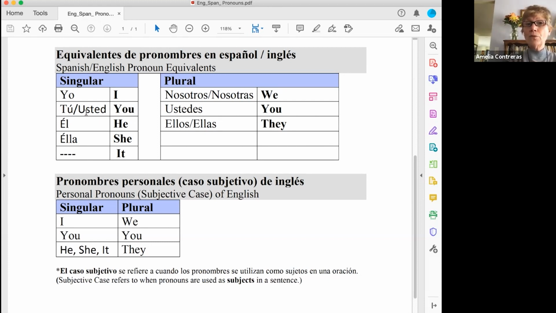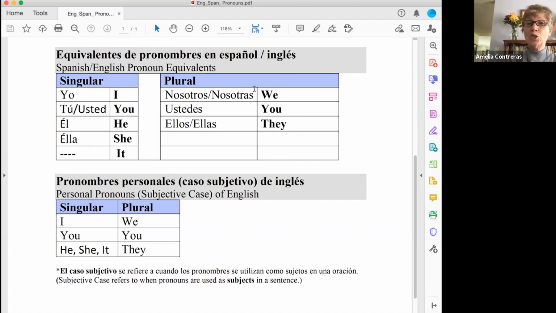In the plural form of I, in English, the word is we. Because if I am here alone and then two people come in, I would say, we can start dinner. And I'm part of that group. So we is the plural of I.